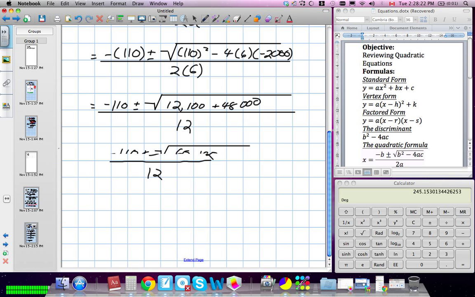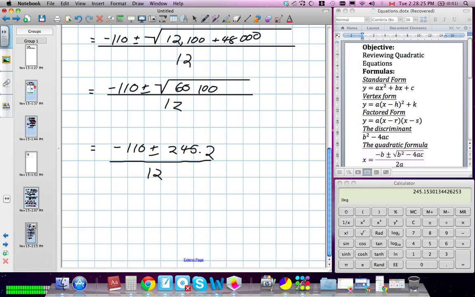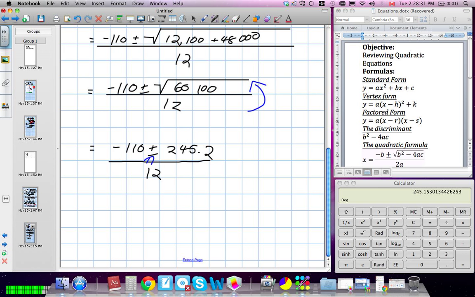So x is equal to negative 110 plus 245.2 divided by 12, and x is equal to negative 110 minus 245.2 divided by 12.